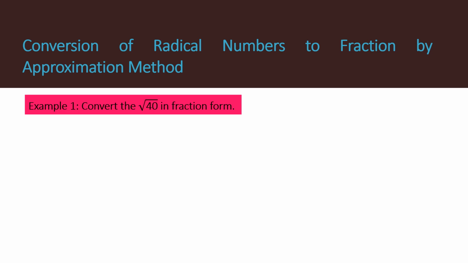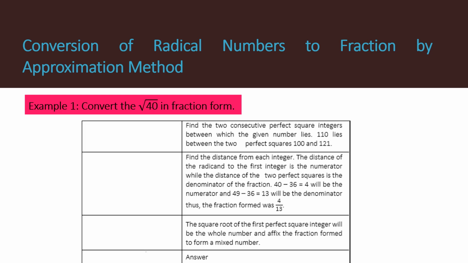Let's have example number one. We follow the steps earlier to convert the square root of 40 to fraction form. First, for step 2, find the two consecutive perfect square integers between which the given number lies.